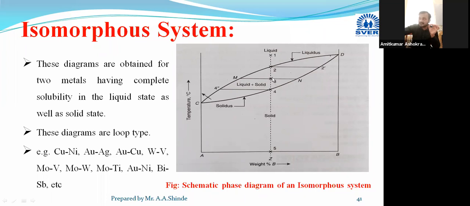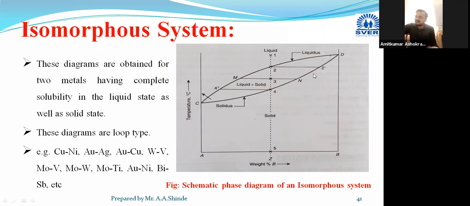In this diagram, that point is 3. So M3N is our total tie line. MN is our tie line, and due to point 3, it is divided into two parts: 3M and 3N.